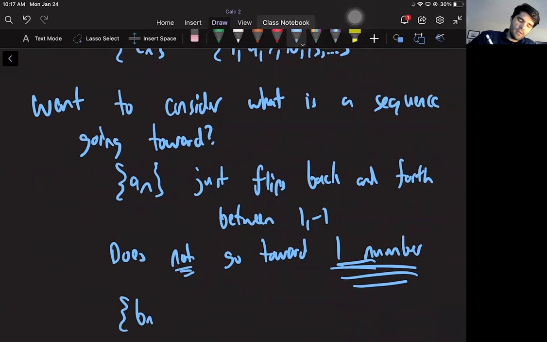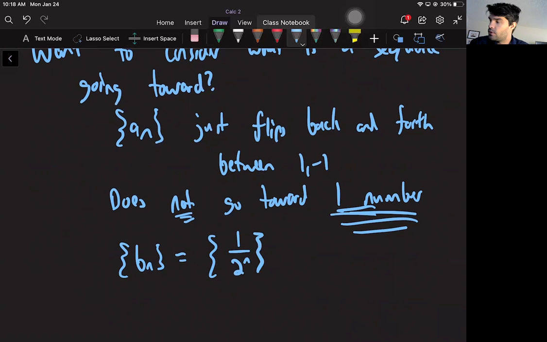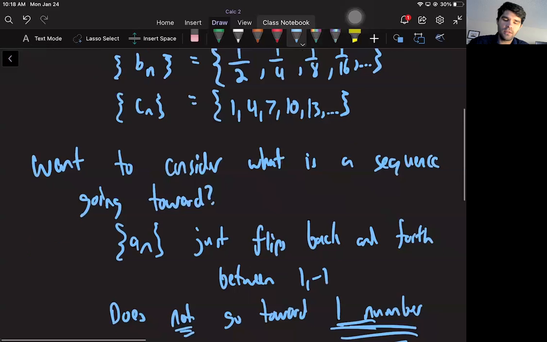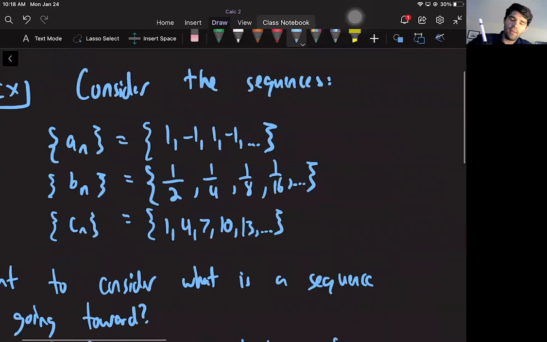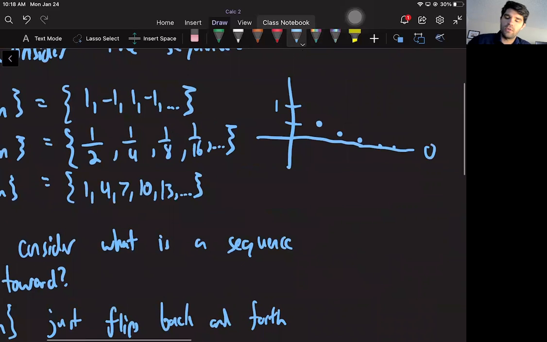Meanwhile, BN does. So it's actually this sequence, 1/2 to the n. And this does go towards something. If you think about what happens when you have tiny fractions, maybe on a graph, if you plotted 1/2, 1/4, 1/8, a 16th, as you moved down towards the right, it would be getting closer and closer to 0.